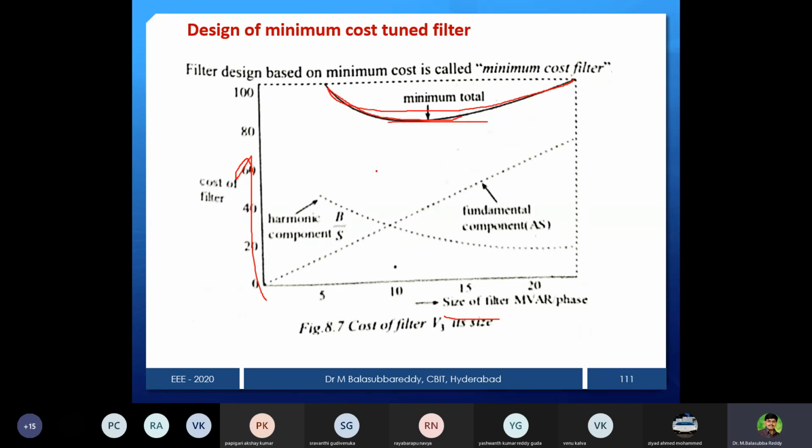So this lowest point is our optimal value of the filter, or you can say the minimum cost of the filter.